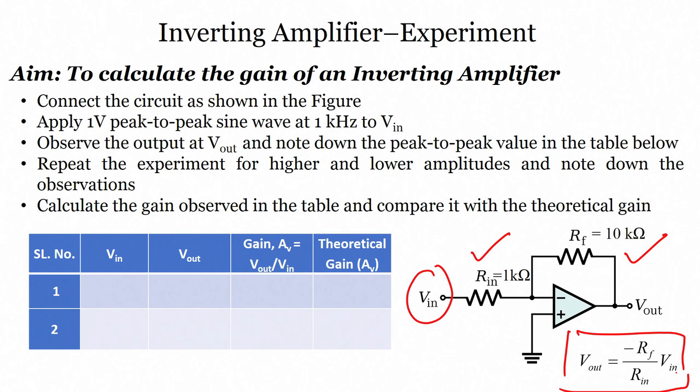So, what do we have to do first? First, connect the circuit as shown in the figure. Next, apply a 1 volt peak to peak sine wave at 1 kilohertz to V in. Let me write it down so it becomes easy to understand.